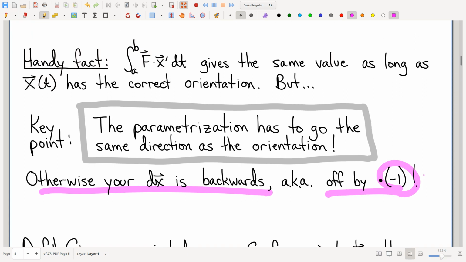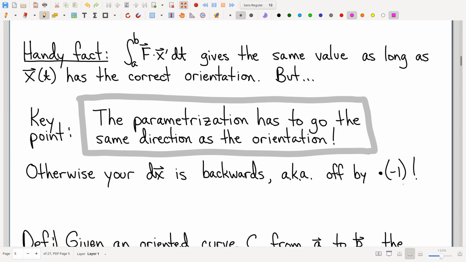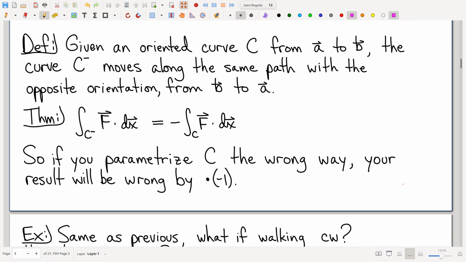Pretty believable, I hope. And I'm going to formalize this using the book's notation. You can see they use a superscript of a minus to indicate going the opposite direction. So given a curve C oriented one way, C minus, exact same path, just going the other direction.